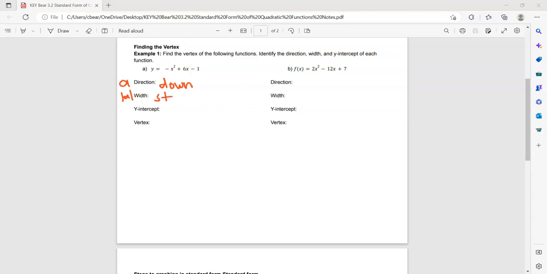So that means this is standard. For the y-intercept, we look at the c value, and we're going to write it as 0, comma, and our c here is -1.